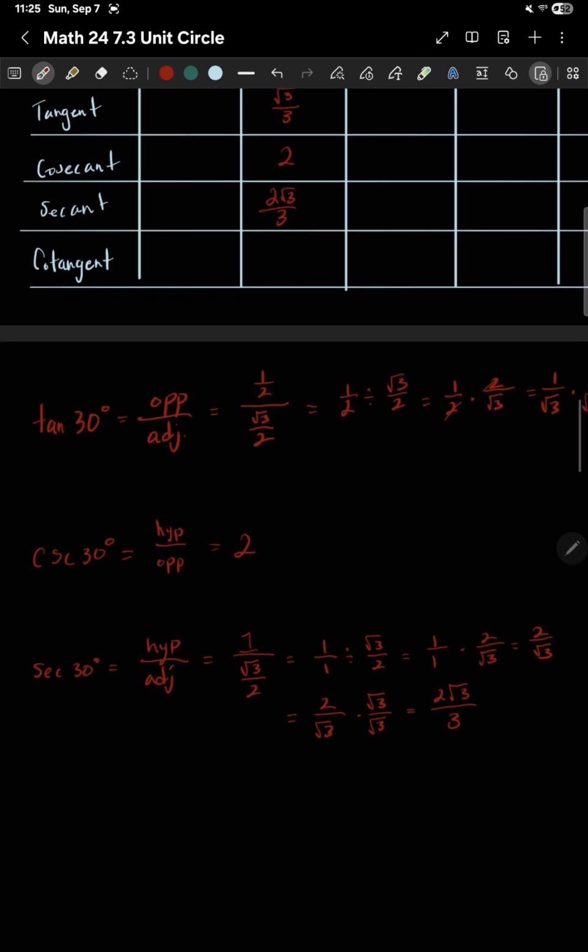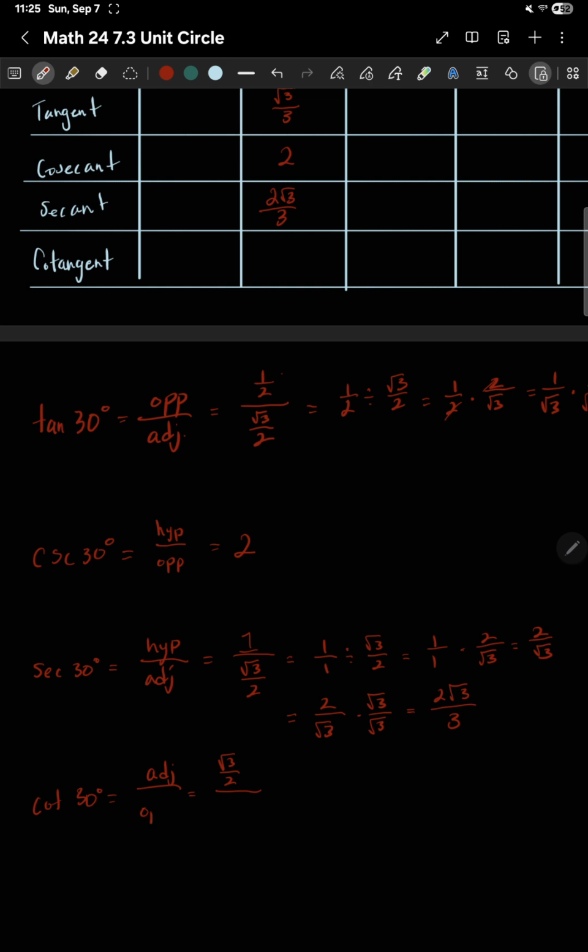And then cotangent is just adjacent over hypotenuse. And so since we already know the adjacent side is square root of 3 over 2, and I'm taking this information from up here, and the hypotenuse is 1. Wait, not hypotenuse, sorry. Getting ahead of myself, going too quickly.